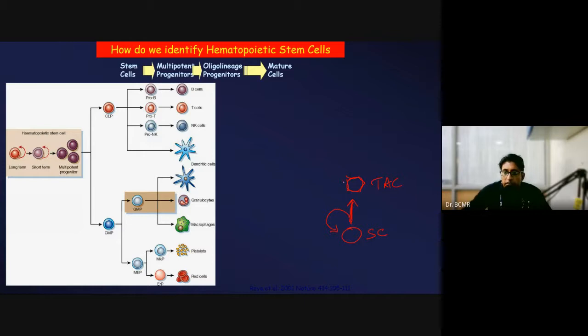These transit amplifying cells will rapidly divide. They will keep on dividing further like this, and eventually they will give rise to progenitor cells, you can think of. And each of those progenitor cells will give rise to functional cells. This is amplification happening here, right?